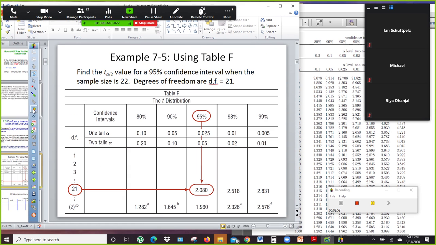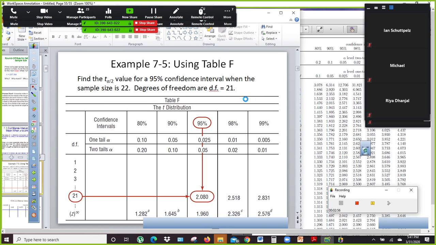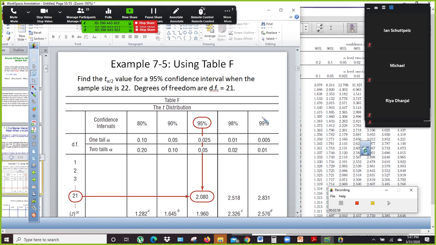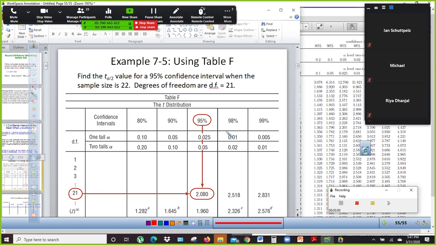So here's the T table and how to use it. The top part is going to be your confidence intervals, or your one-tailed or your two-tailed hypothesis test. So this upper part here, you just slide along and it helps you figure out what column to use based upon what confidence interval you're using. Over here, this is your degrees of freedom.